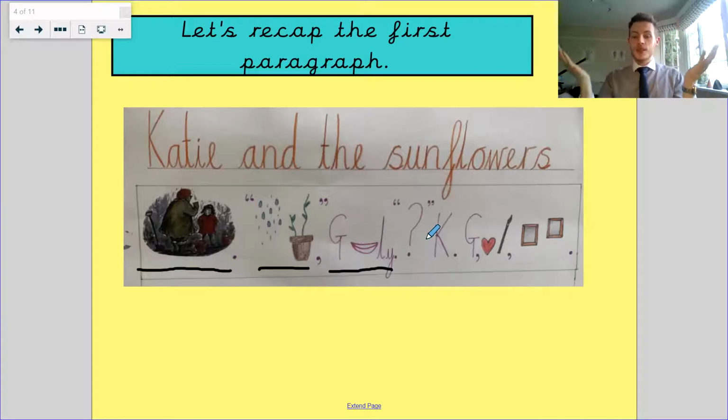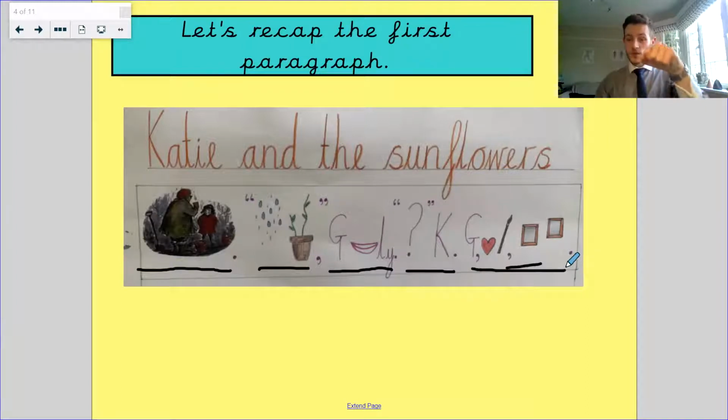"What shall we do now?" said Katie. Grandma, who loves art, suggested that they go to an art gallery. So that's that part there. Stop. Super job. Right.